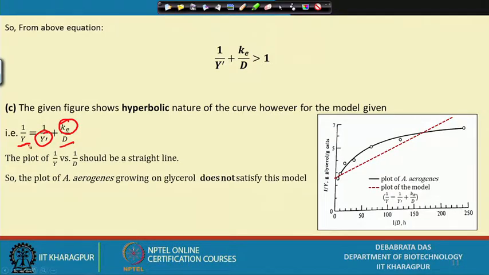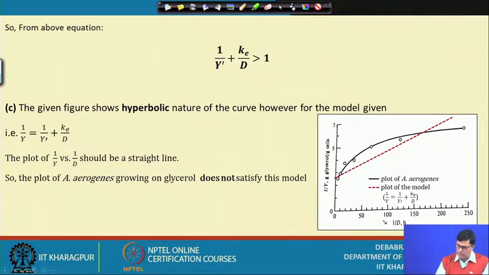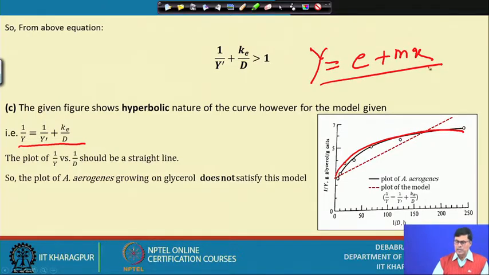Am I right? Now, if we plot 1 by Y versus 1 by D, this is the kind of correlation they obtained in Aerobacter. But if you look at this equation, what is it? The equation y equal to c plus mx is basically a straight line equation, so it should be a straight line.